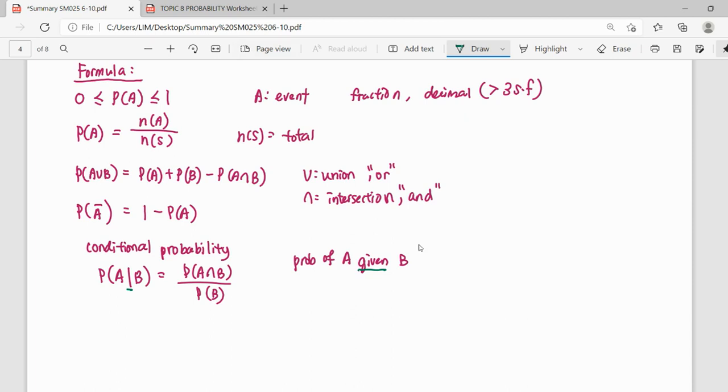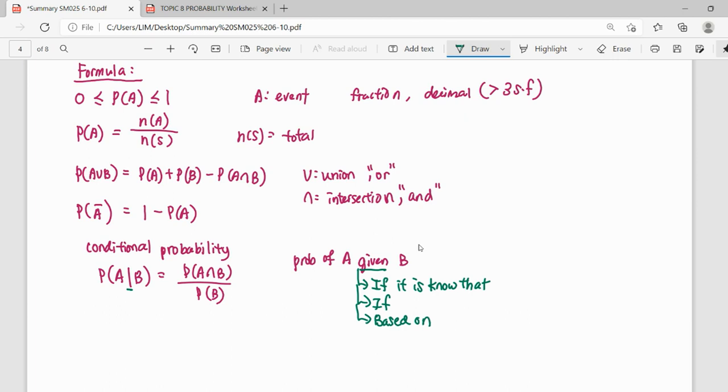Sometimes it's not necessarily "given", or it can give you a keyword like "if it is known that", or "if". So that is the keyword that we have to be alert to, or "based on".